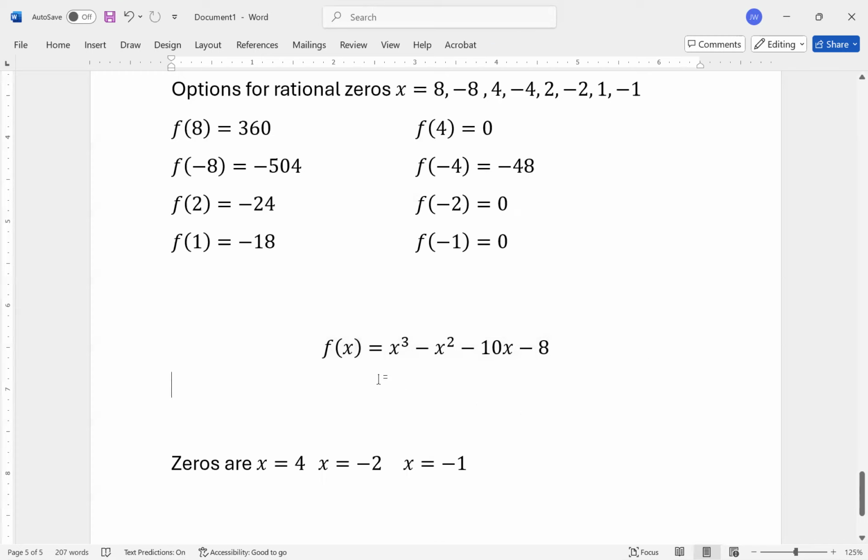And because of this, I actually know that my function f of x is going to factor as x minus 4 times x plus 2 times x plus 1. It's degree 3. We have 3 linear factors, and the coefficient in front of the x to the third is just a 1. So it'll factor this way.